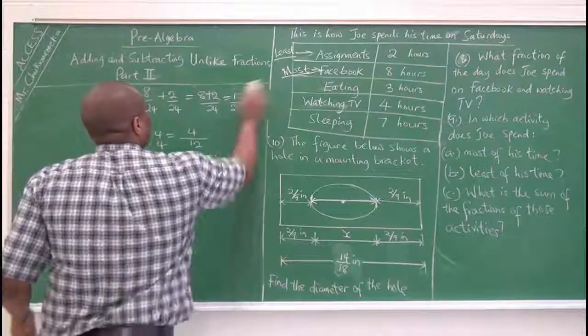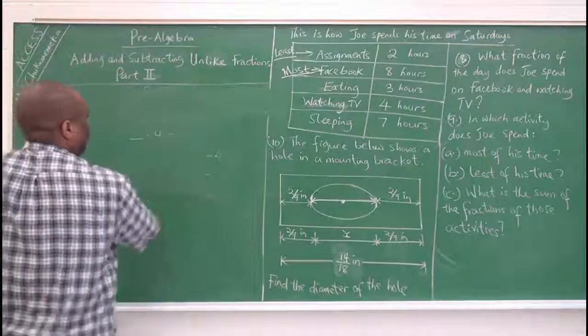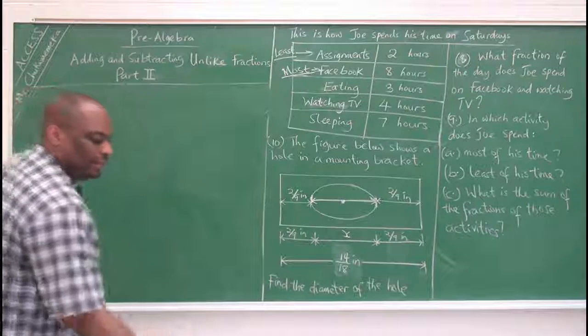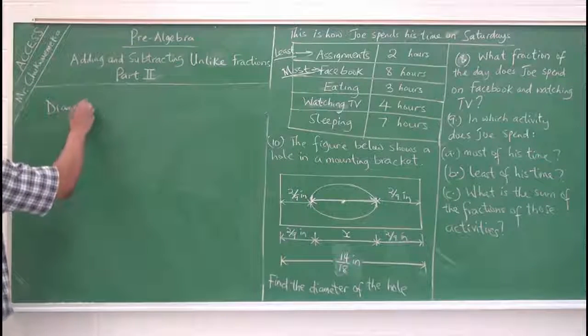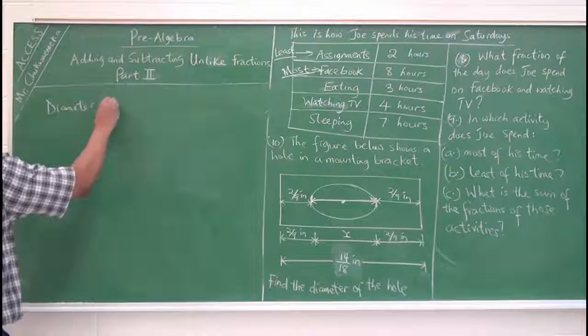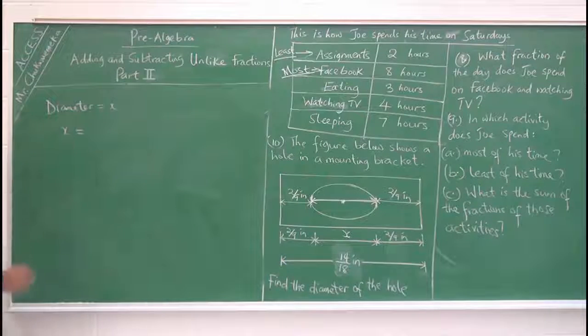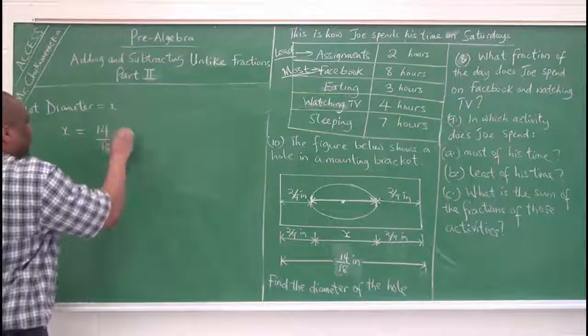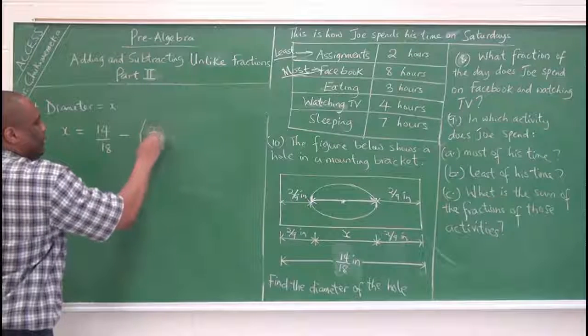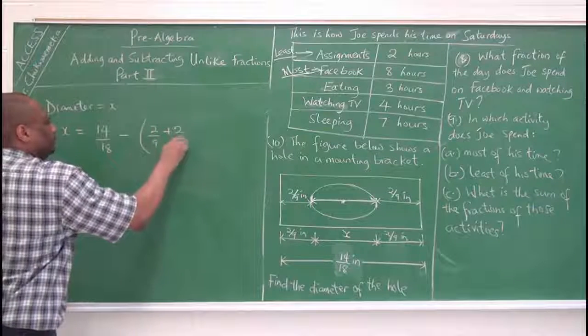So we can find the diameter of the bracket. Let the diameter be X. X will be 14 over 18 minus 2 over 9 plus 2 over 9.